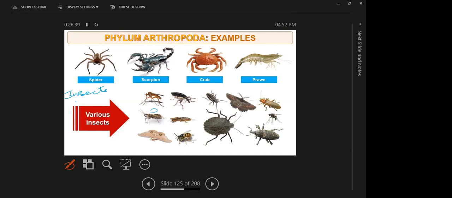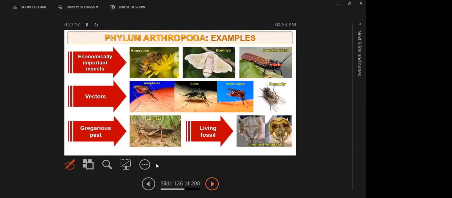Arthropod is the largest phylum, and then Crustacean, aquatic arthropod, Myriapoda, then spider, 4 pairs. Okay, so these are Crustaceans. Insecta is the largest class. So many insects are yet to be discovered.